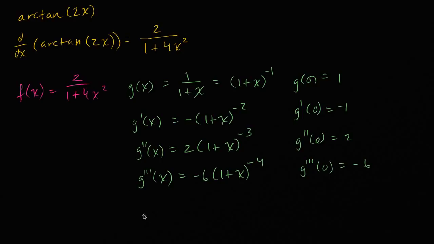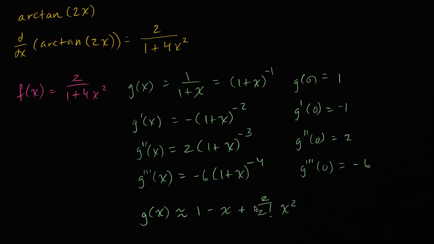So I could write that g of x is approximately equal to, I'm just going to do the first four terms here, g of 0, which is 1, minus g prime of 0 times x. So that's minus 1 times x, so that's negative x, plus g prime prime of 0, 2 over 2 factorial times x squared.